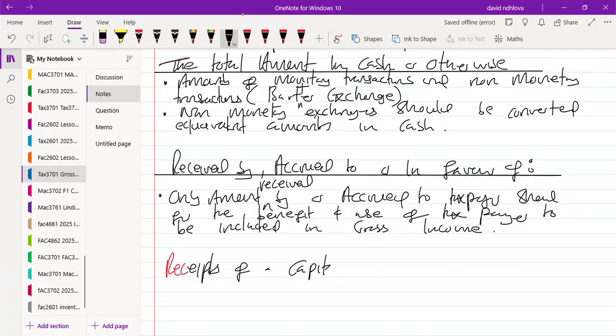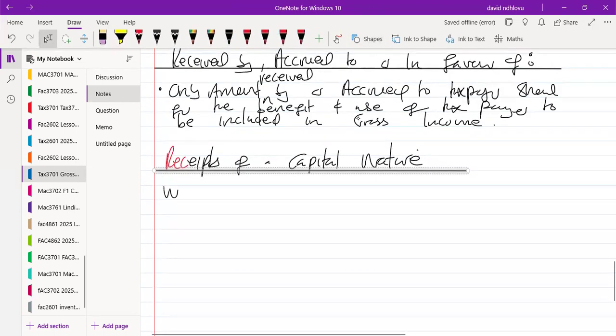We distinguish between two types of receipts.